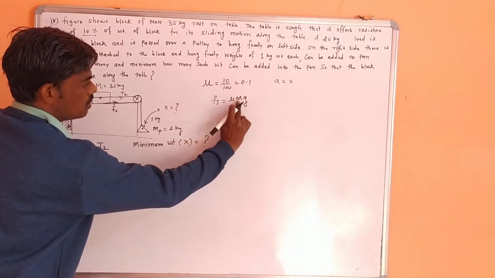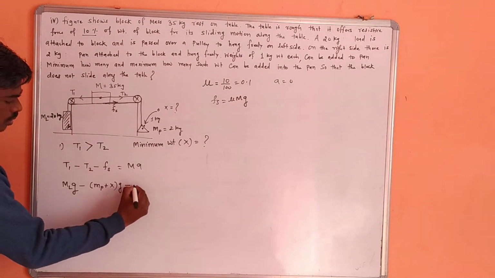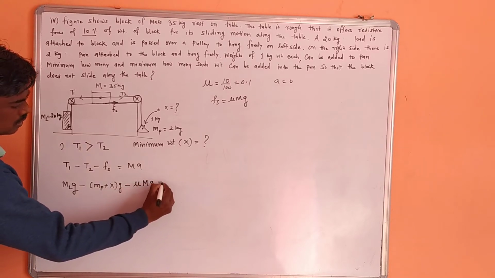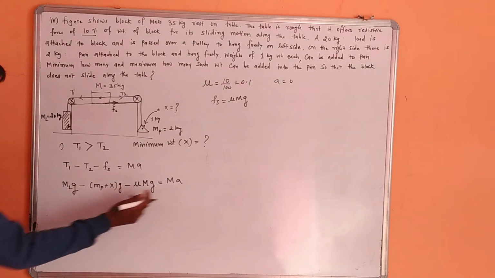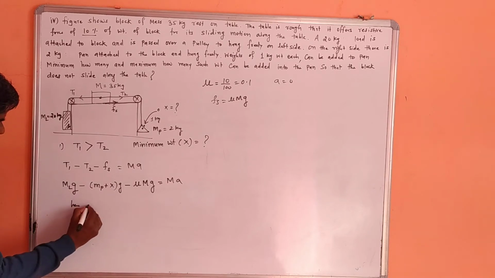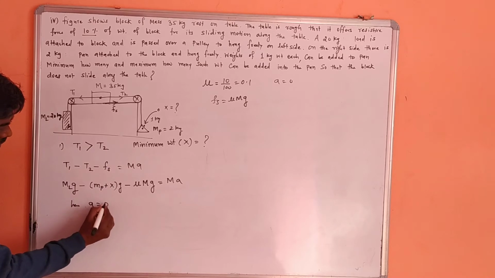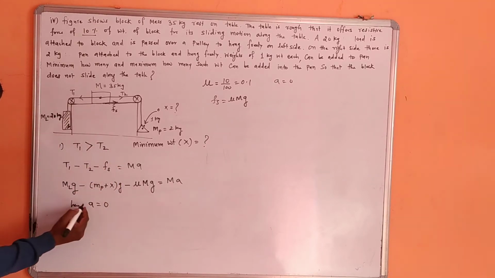Remember, m is the mass of the sliding body. So mu mg is equal to ma. For the do-not-slide condition, the acceleration produced in this mass should be 0. So a becomes 0.